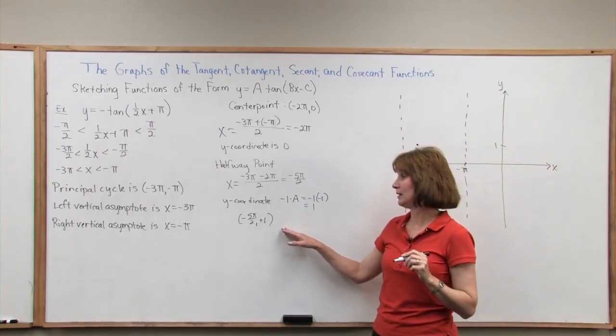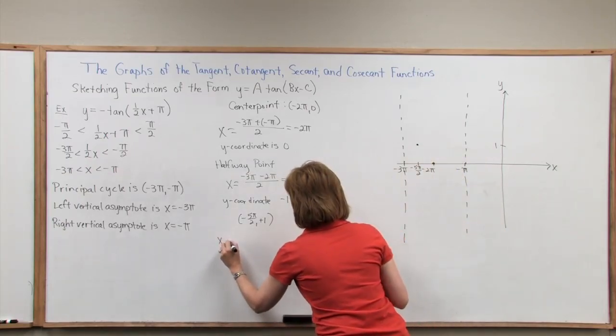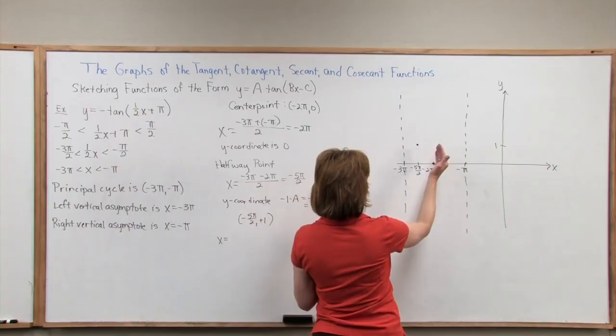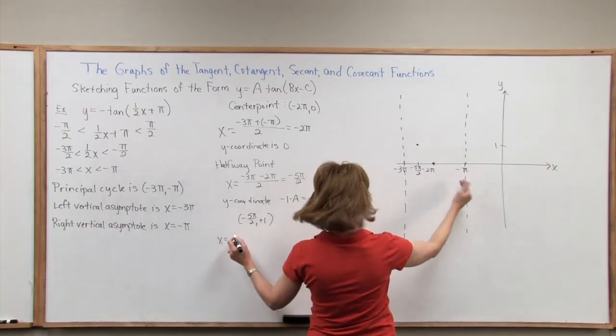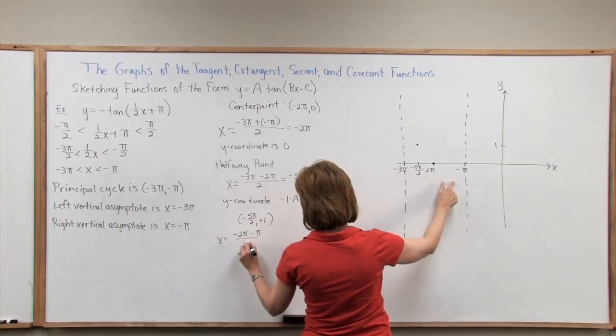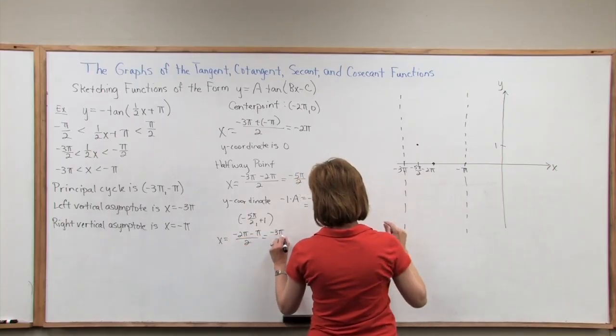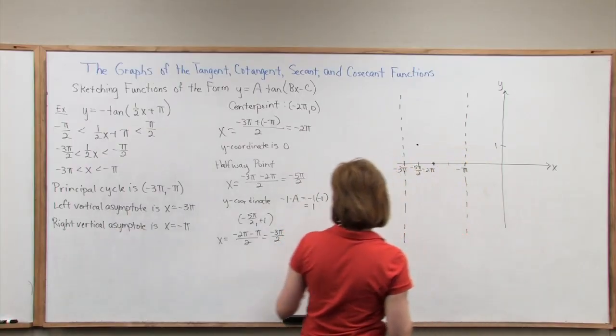Okay, now we have one more halfway point to find, the one, of course, to the right of the center point. Its x-coordinate is going to be located midway between the x-coordinate of the center point and this vertical asymptote, so that's going to be negative 2 pi plus negative pi, or negative pi over 2. That's negative 3 pi over 2 is the x-coordinate of this halfway point.